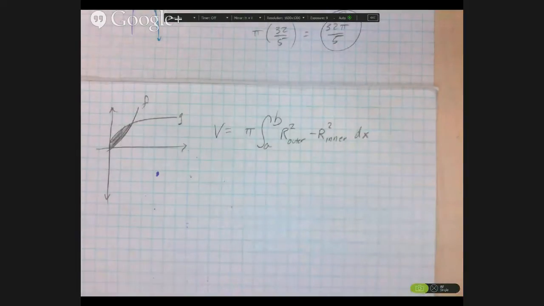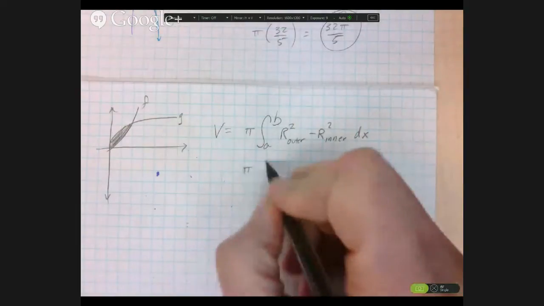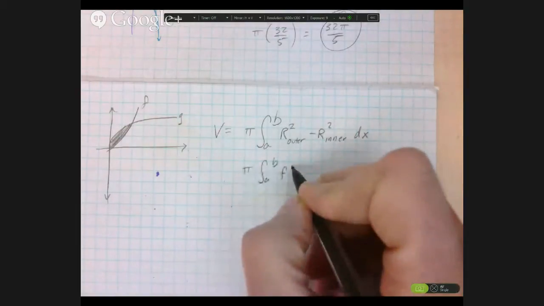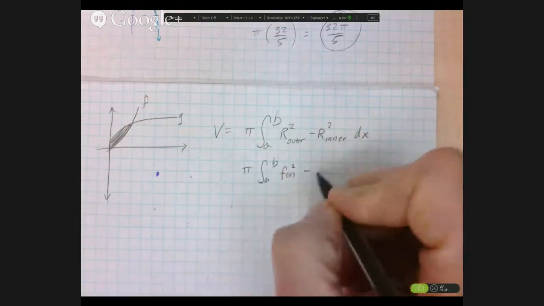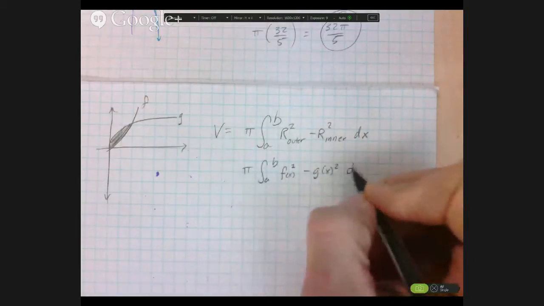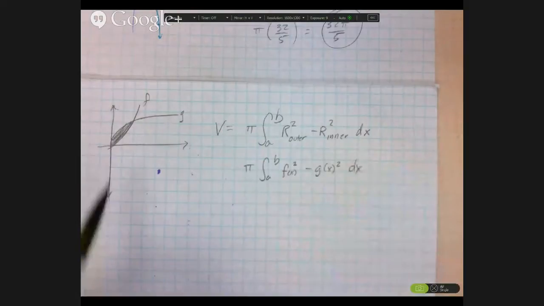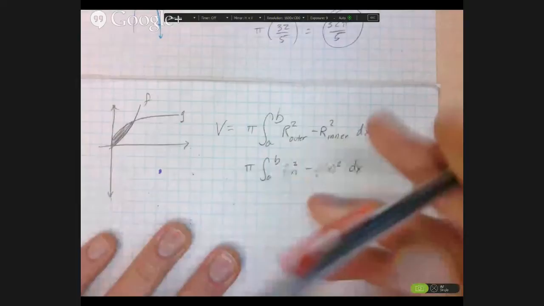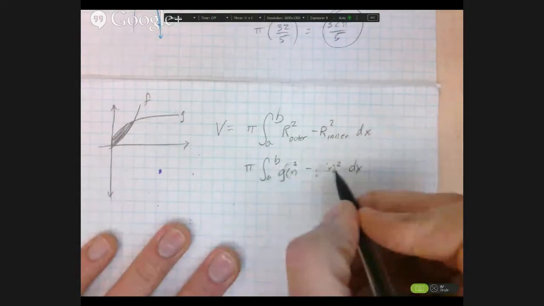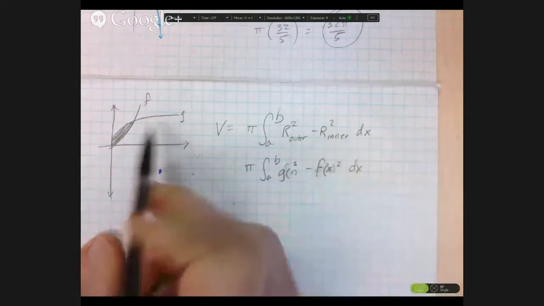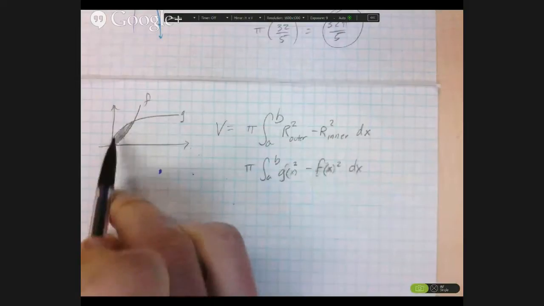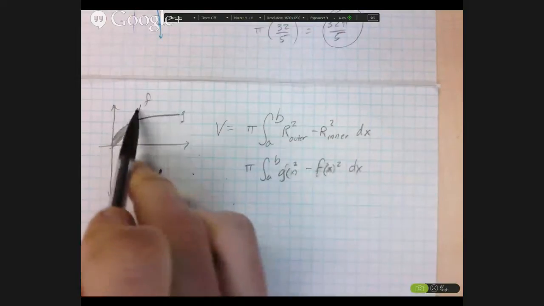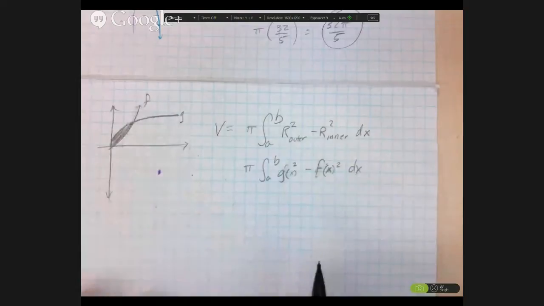Basically, you're looking for the higher and the lower radii. So in our case, with the picture, it would be f of x squared minus g of x squared dx. Sorry, I have those backwards. Yeah, g is on top, and f is on the bottom. The book is opposite there.